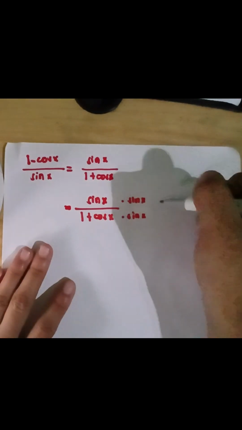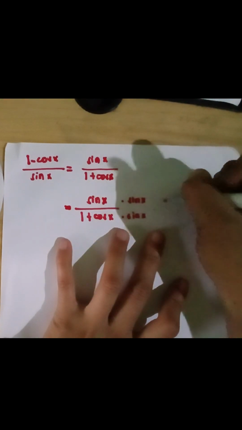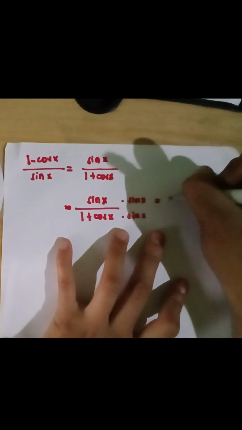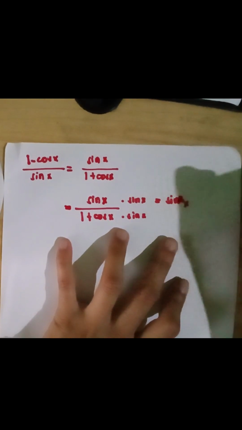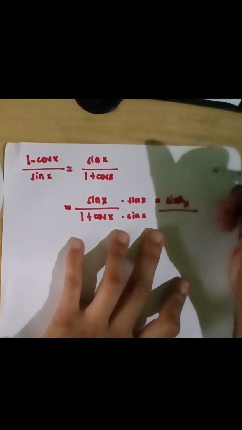So in this identity, we're going to solve the right hand side. So now let's analyze the numerator. Sine x times sine x equals sine squared x. So over 1 plus cosine x times sine x, it will be the same.